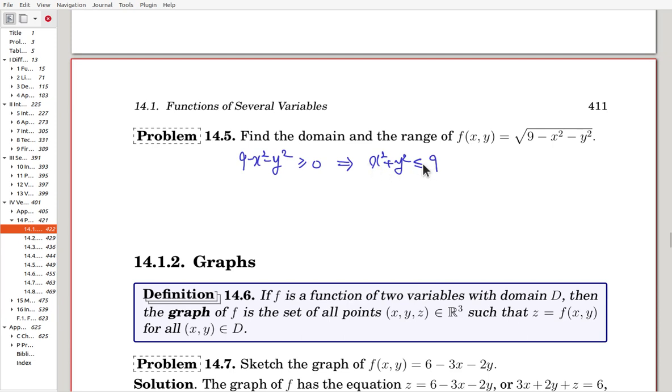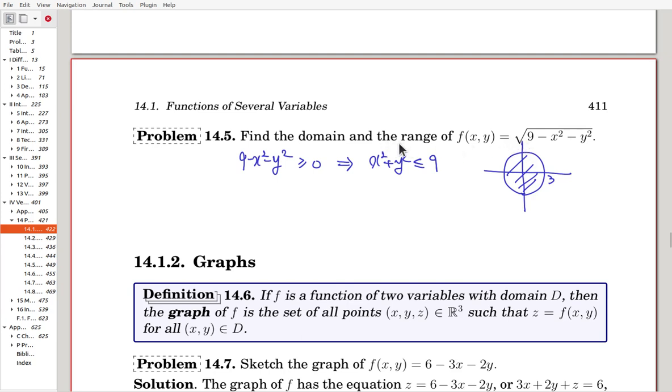That is the disk of radius 3. The origin is the center. Okay, and that is the domain. So pictorially, we have here a disk of radius 3, inside here.